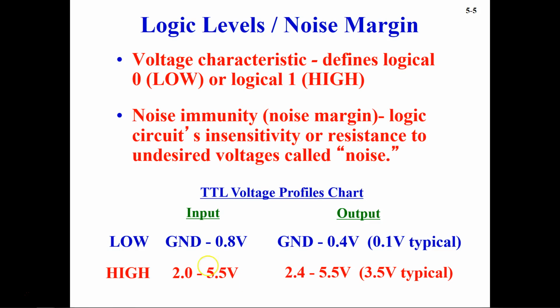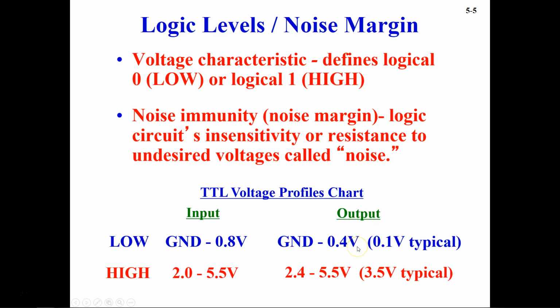So if you have any signal which is less than 0.8, that can be easily passed through the input side of the TTL, and it will be considered as low logic. If you have any signal, for example 3.2, that can pass through and will be considered as logic high, and anything between 0.8 and 2.0 will be your undefined region.